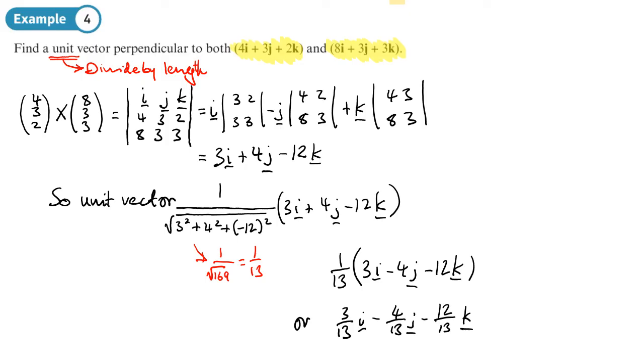Yeah? So either one of those can be fine for the way that you write your answer. Yeah, and we'll just highlight those. So we've got a nice, really quick way of finding a vector that's perpendicular to any two other vectors.